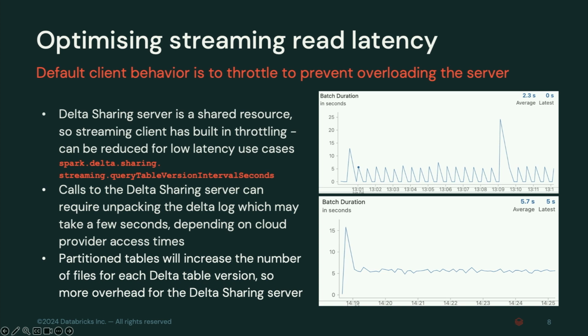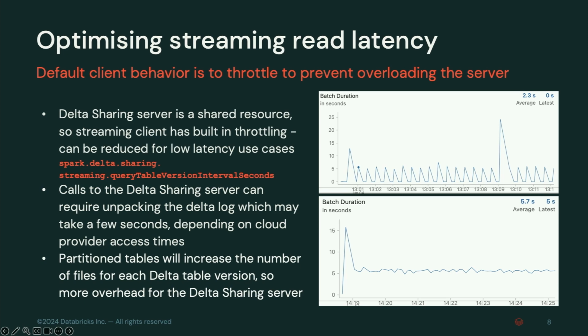Another gotcha that's good to remember is that Delta sharing is effectively creating these pre-signed URLs or cloud tokens which access underlying files. If you have a partitioned table, you're going to potentially have a lot more URLs and files being passed around. So that can slow things down as well.